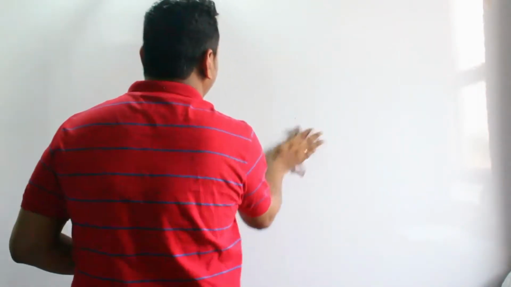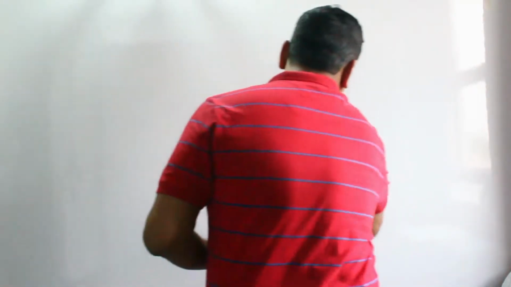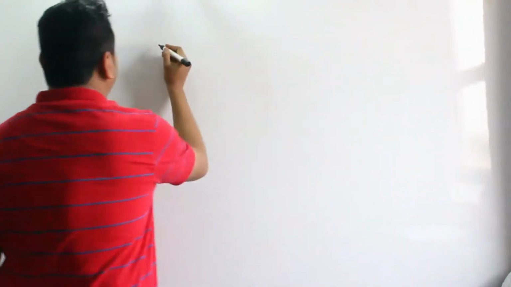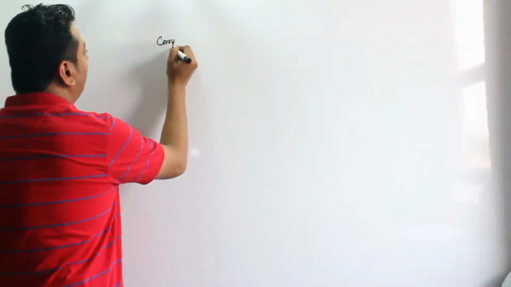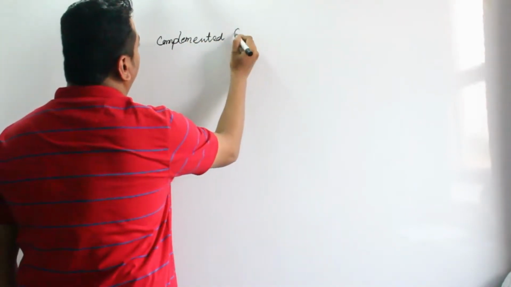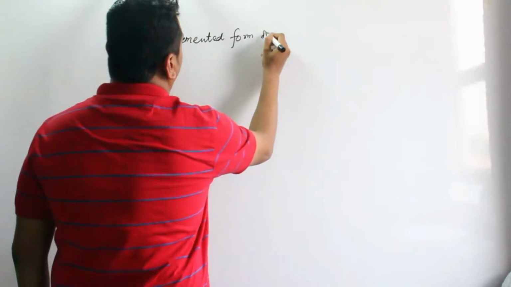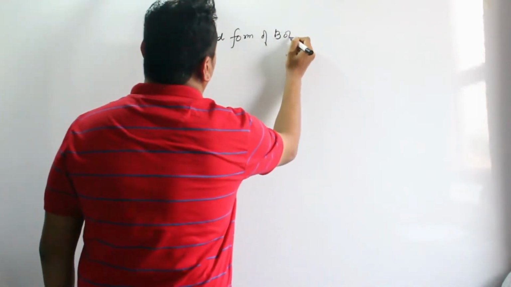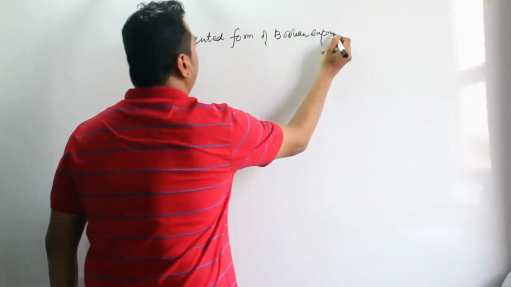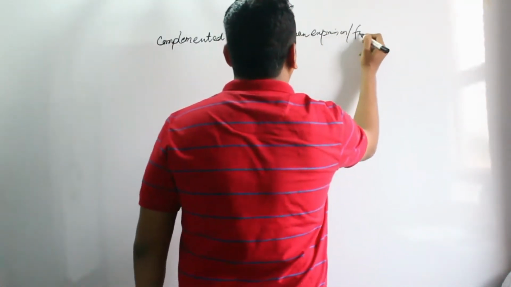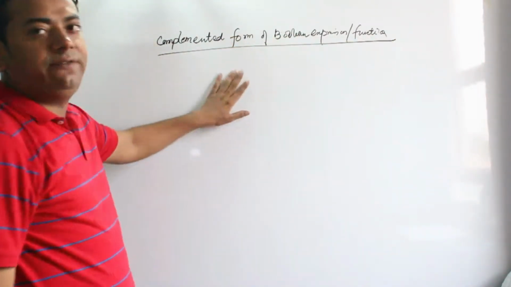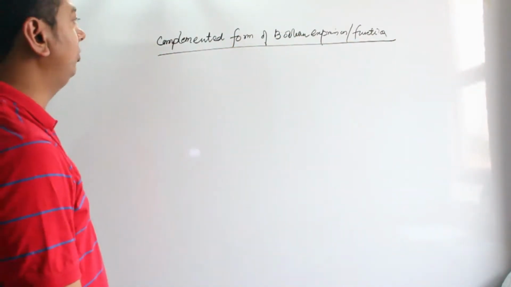So before DeMorgan's law, let's see what the complemented form of any expression is. Complemented form of a Boolean expression or function.